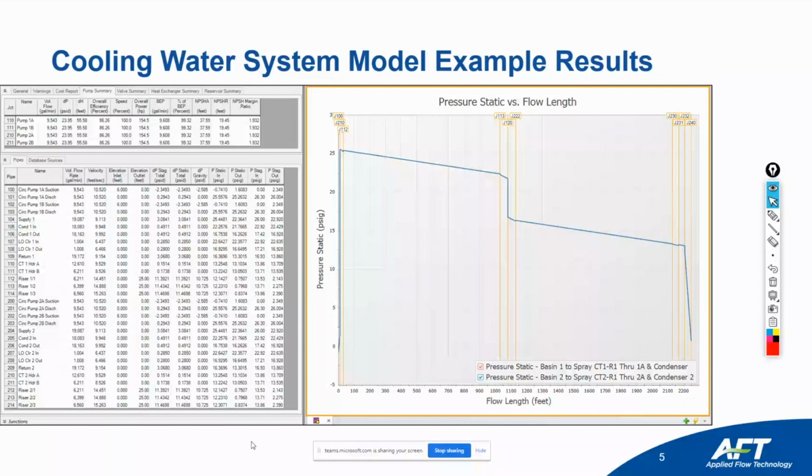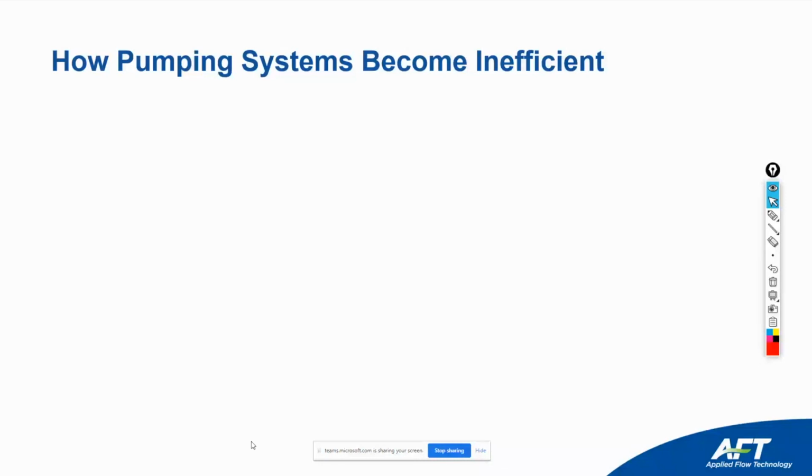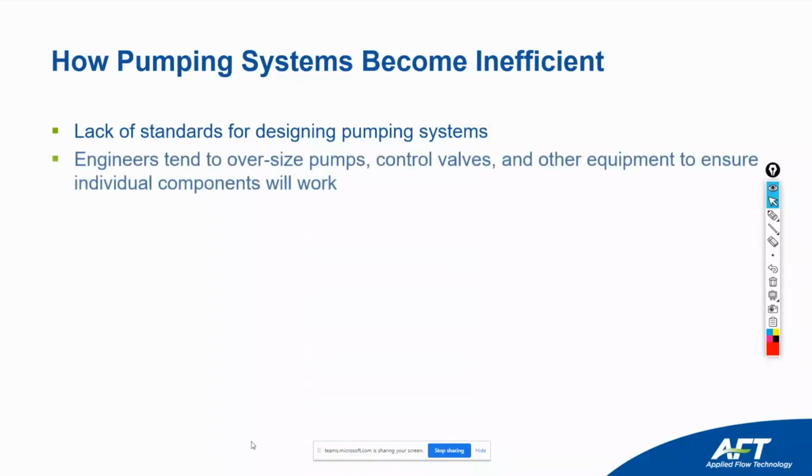Now, how do piping systems or how do pumps become inefficient? There are several things to keep in mind. There's a decent lack of standards for designing pumping systems, where the engineers can choose how they do a flow analysis, or if they even want to do a flow analysis. And if they're not specifically asked to, then there's less motivation to do it.